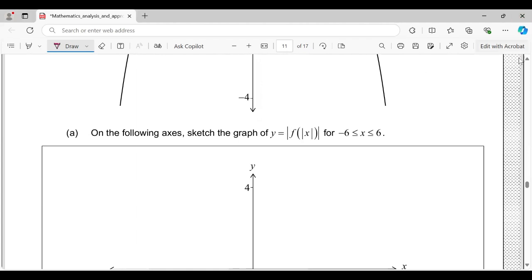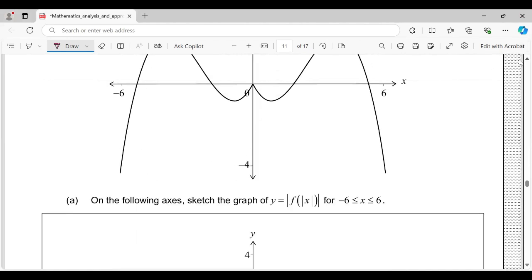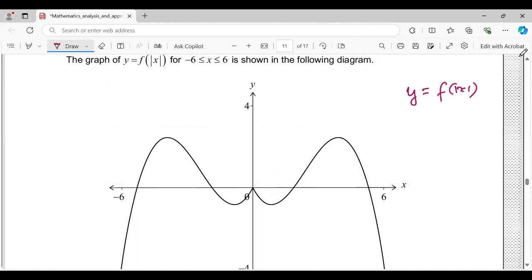The difference between this function and the second function, modulus f(x): on this function there is no negative value for y. It means all y values are positive.